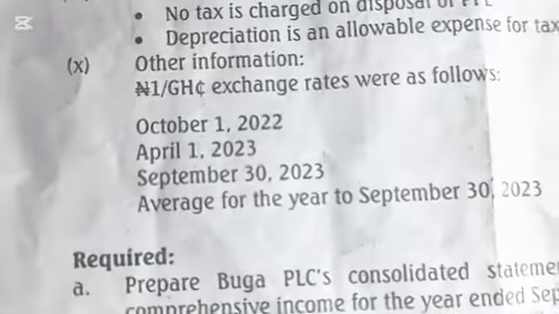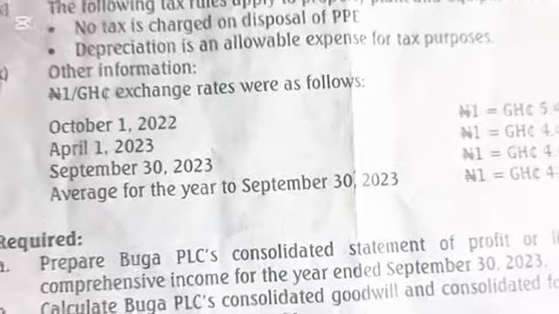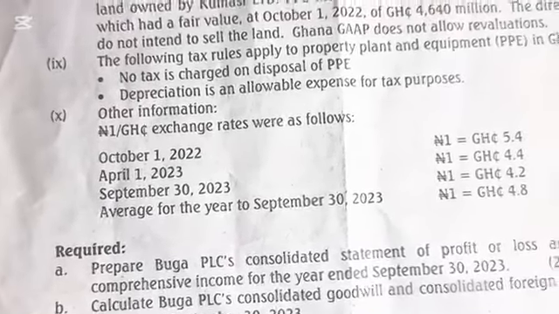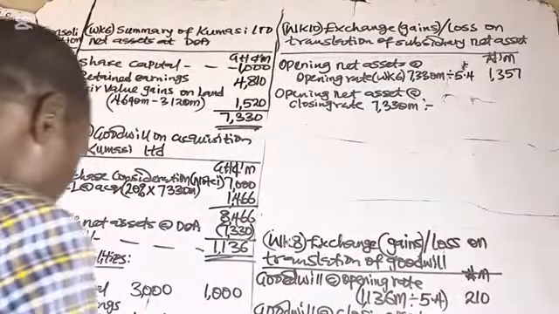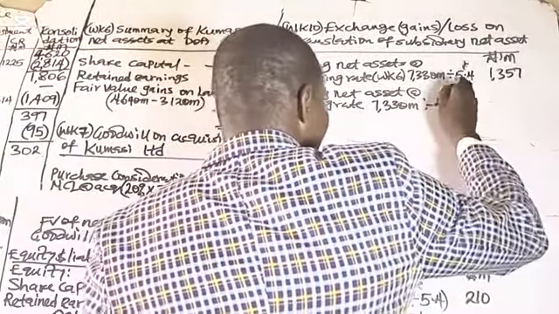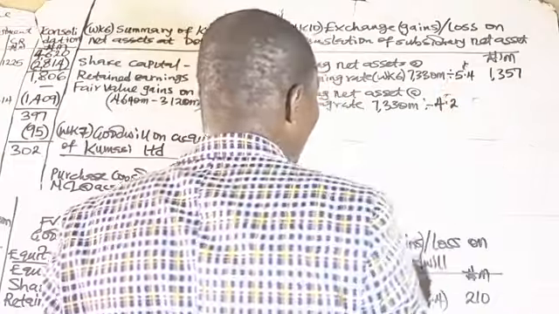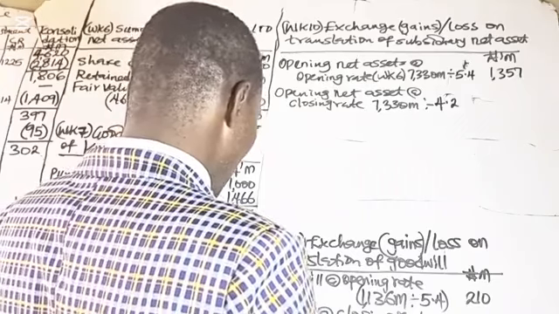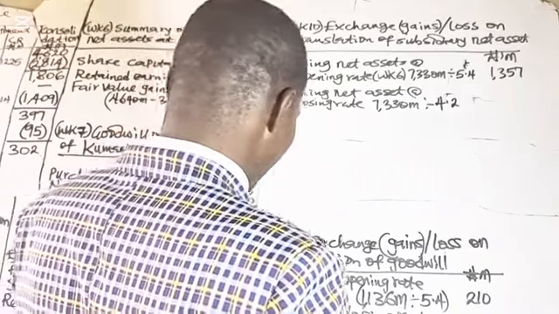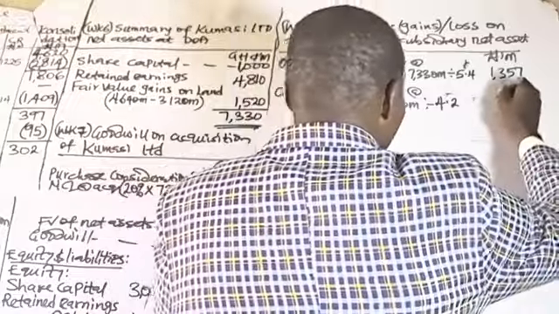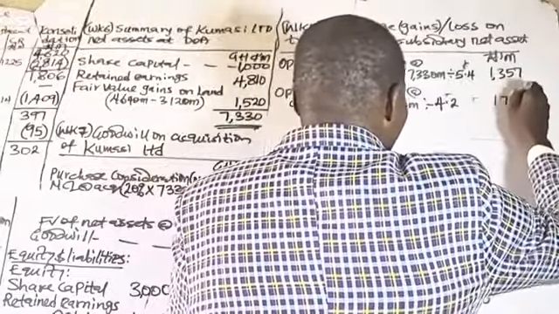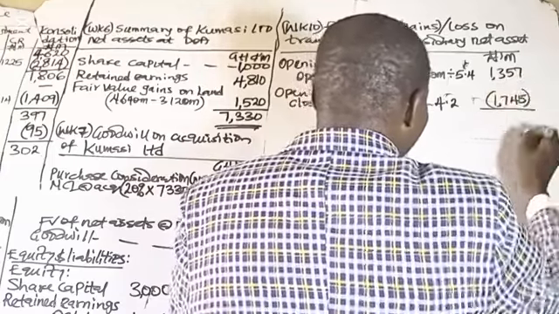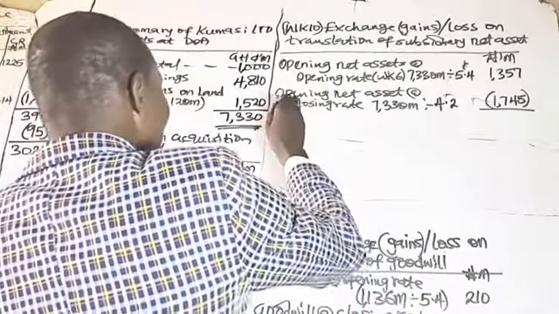So we have the closing rate, exchange rate at September 30, 2023, and that is 4.2. So we use that 4.2 to translate it. 7,330 divided by 4.2 gives us 1,745.